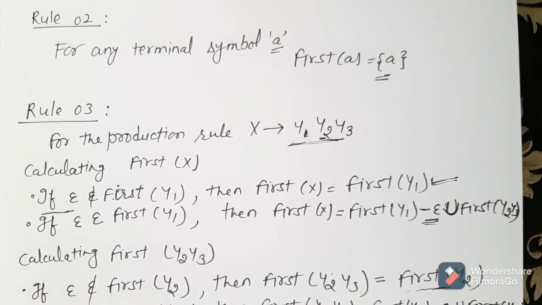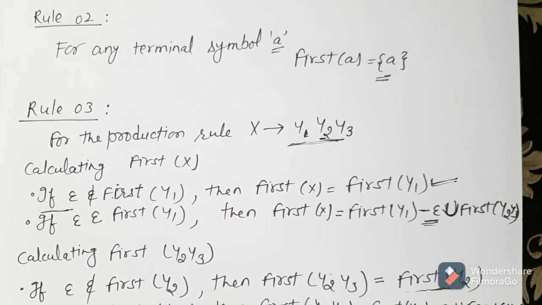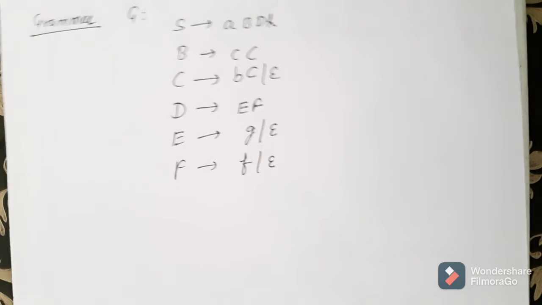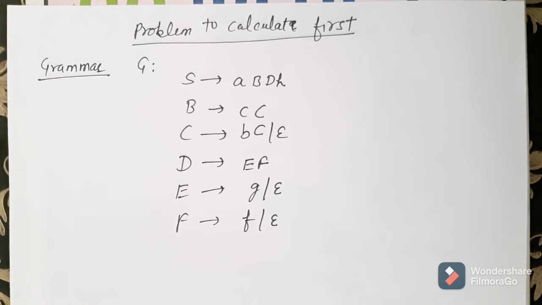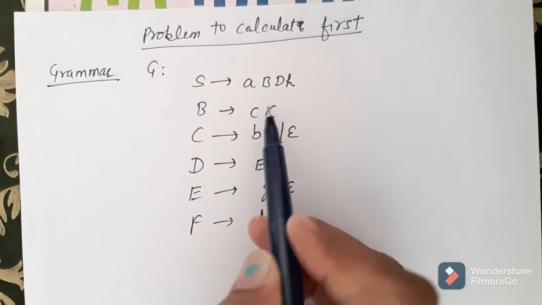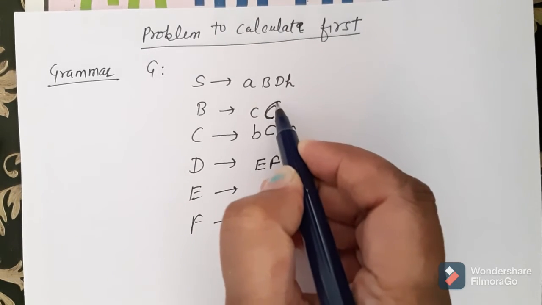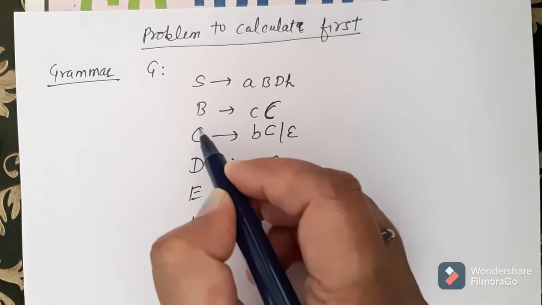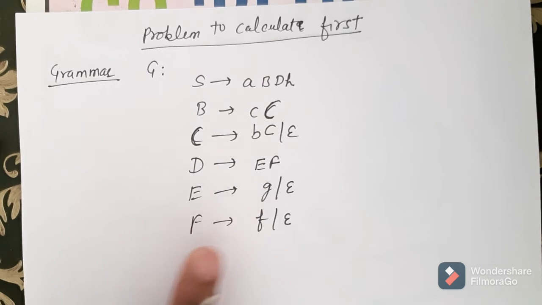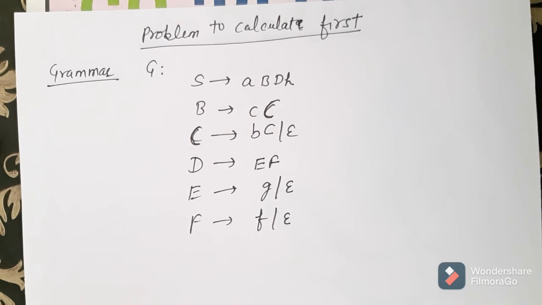Now I am taking an example, and with the help of this example I will calculate the first easily. Suppose this is the problem: S goes to this, B goes to small c, capital C, non-terminal and non-terminal, then capital C, non-terminal, goes to D, goes to E, goes to F. I have to calculate the first symbol for all the non-terminals.